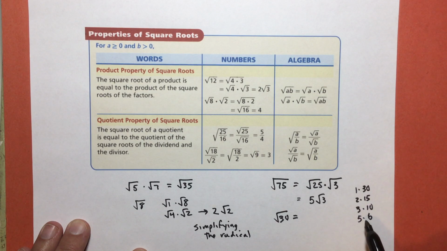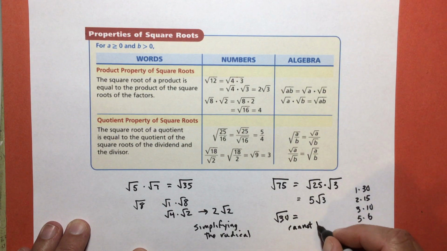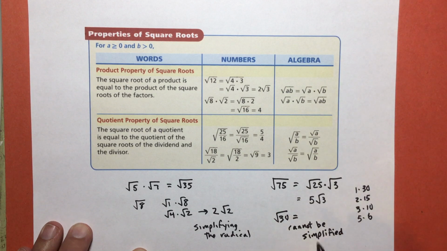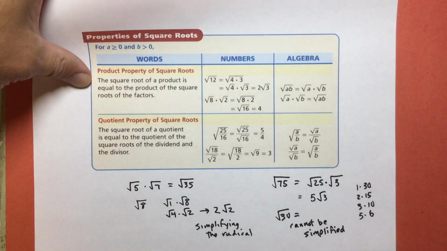All those things are true. But notice that none of these are perfect squares. So this one cannot be simplified. So not every radical can be simplified. Only the ones that have a perfect square as a factor.